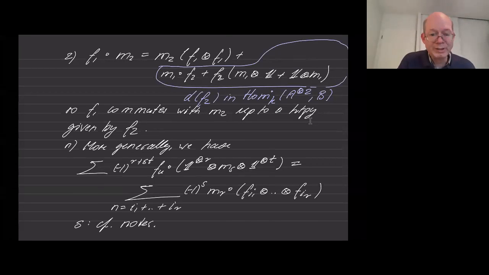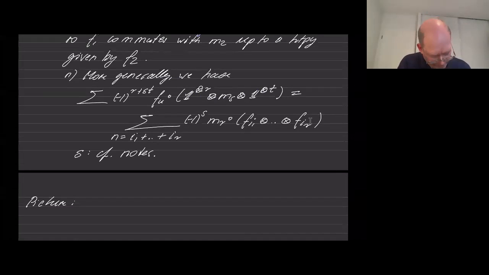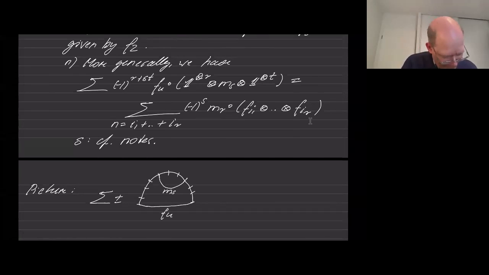The picture for this identity is as follows. We take some string of arguments on the left-hand side, then we apply higher multiplications Ms to some of them, and then we apply Fu to the result, and the sum over all possibilities should be equal to the following.